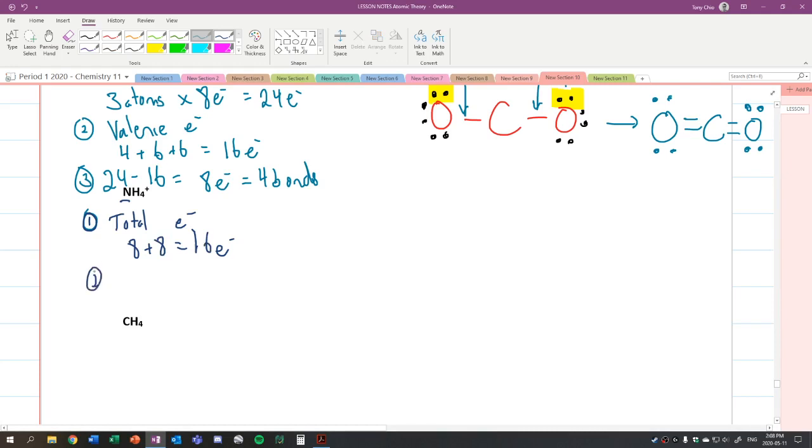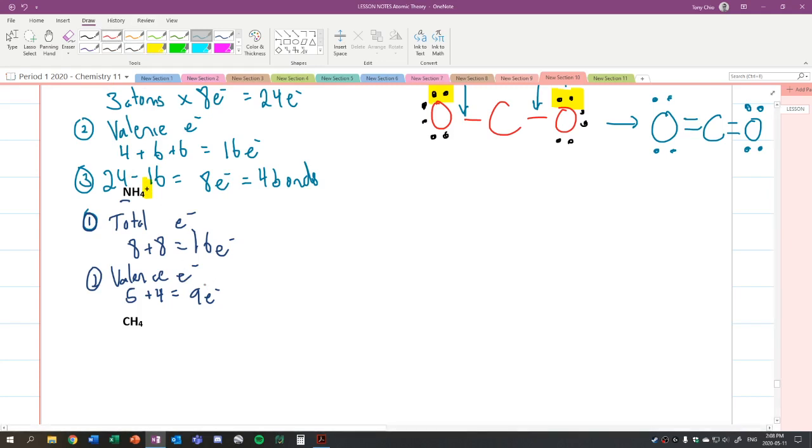Okay, number 2, valence electrons. Nitrogen has 5. Hydrogen has 1 each. So that means there's 4 hydrogens, that's 1 each. That means that's 9 electrons. But you gotta remember, it's ammonium. It's a positive symbol. And when it's a positive symbol, what that means is it lost electrons.